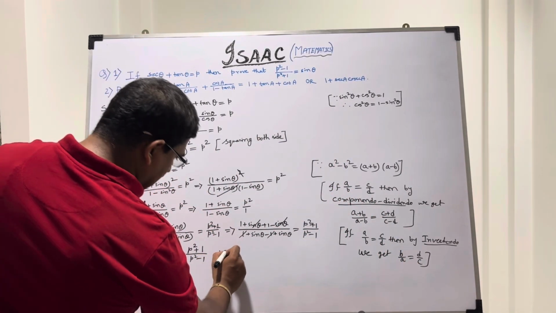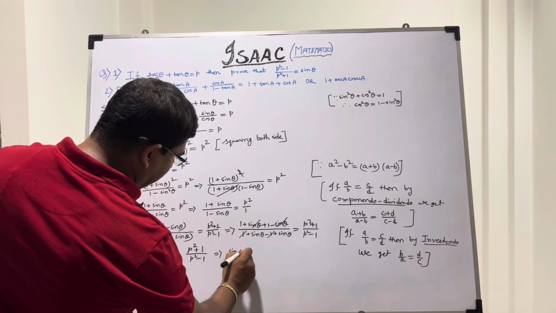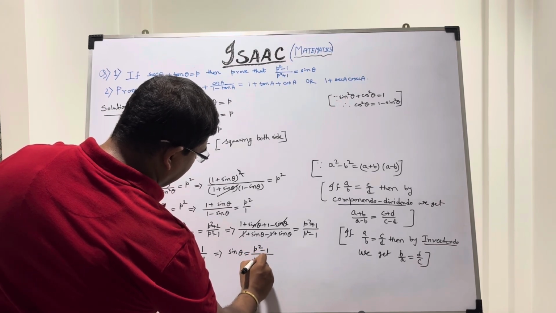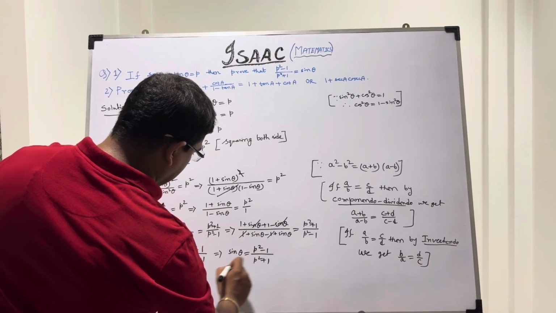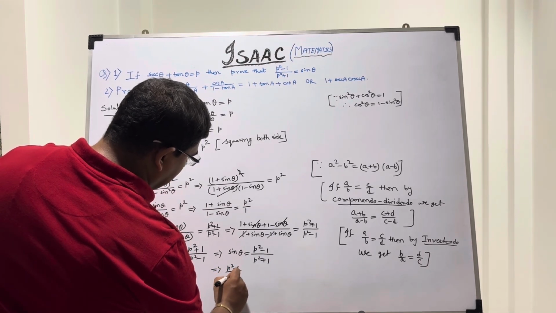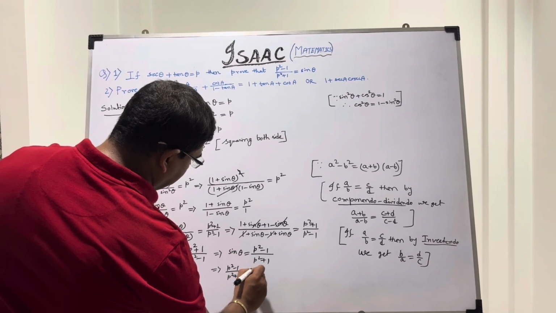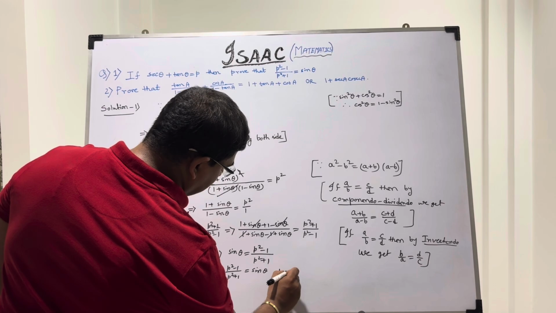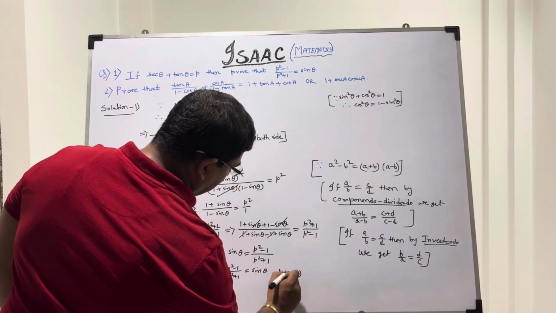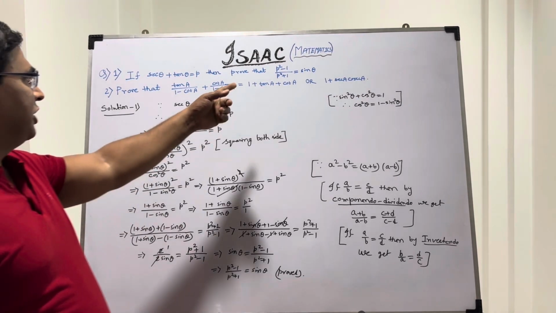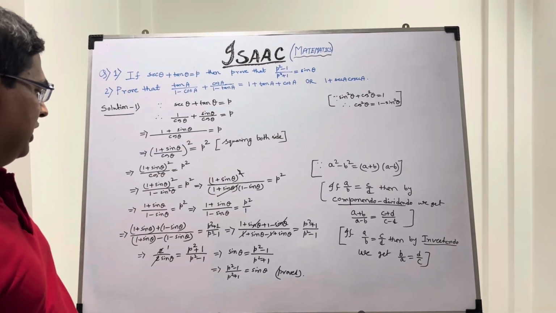By applying this invertendo, we have sin theta equals (p square minus 1) divided by (p square plus 1). This implies (p square minus 1) divided by (p square plus 1) equals sin theta. Proved.